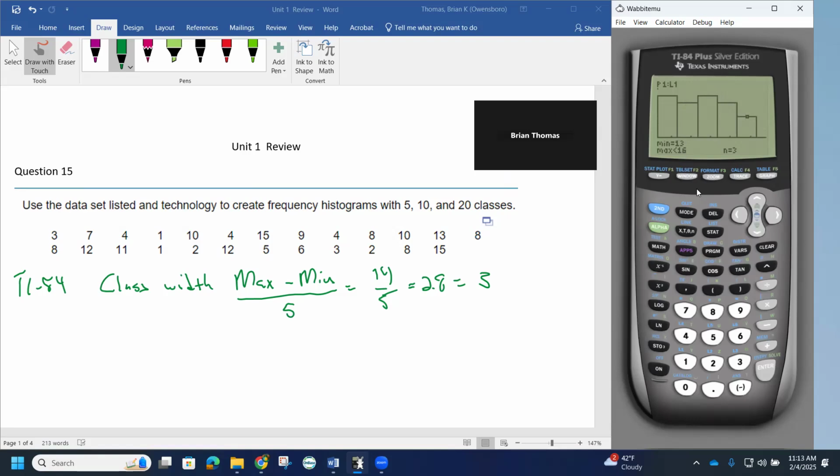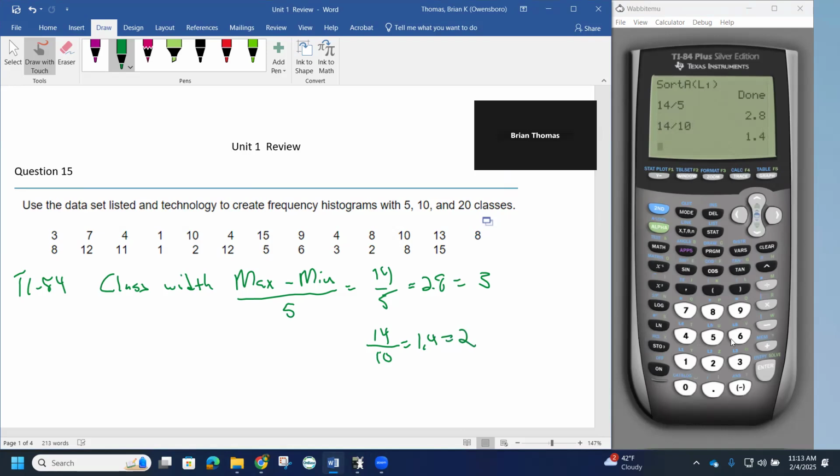Now, to do 10 classes, we have to quit this, and again find the class width. For 10 classes, 14 was our max minus min, but now our number of classes is 10. If we divide 14 by 10, it's going to give me 1.4, which rounds up to 2.